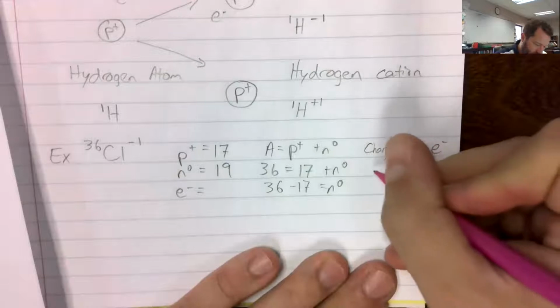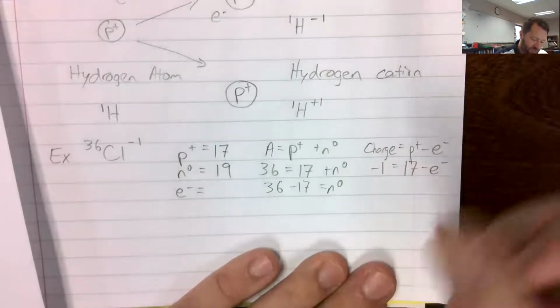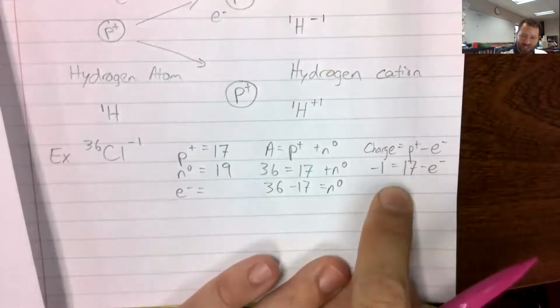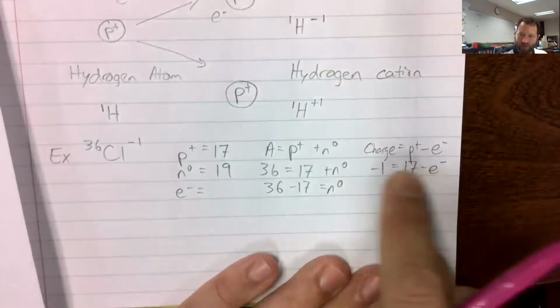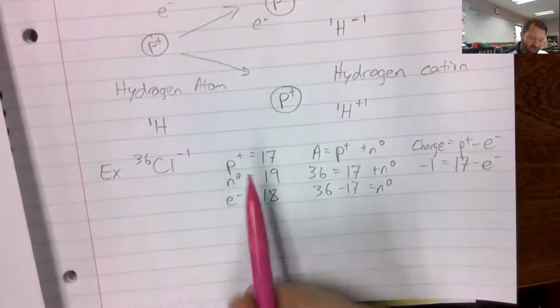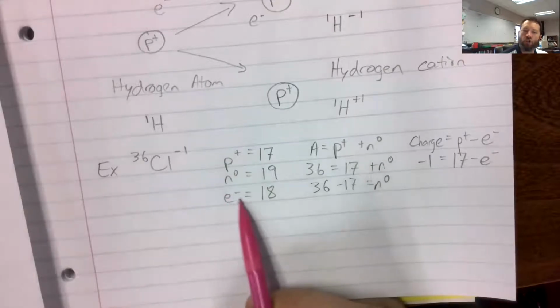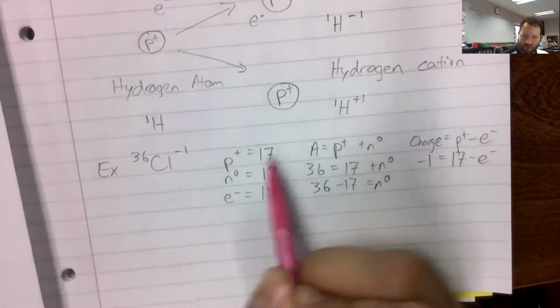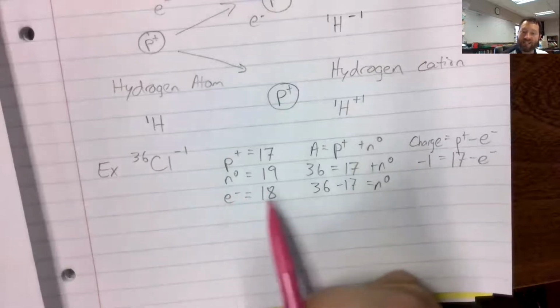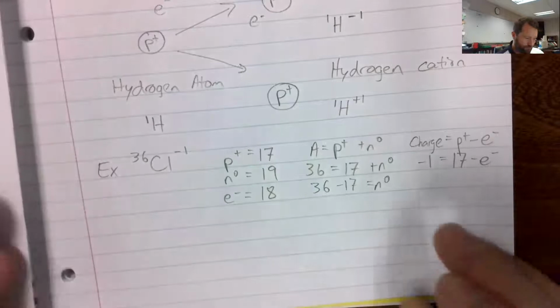So we have a -1 overall charge, and we have 17 protons. So 17 minus what gives us -1. And a lot of times I'll just kind of look at it and say, I need one more negative charge than positive charge. If I have 17, I'm going to need 18 negatives. So I have a leftover -1 charge.